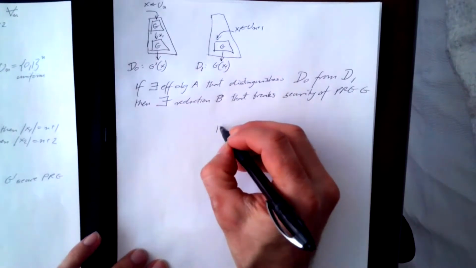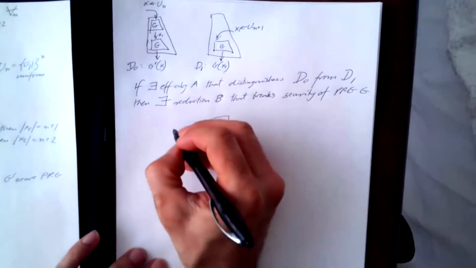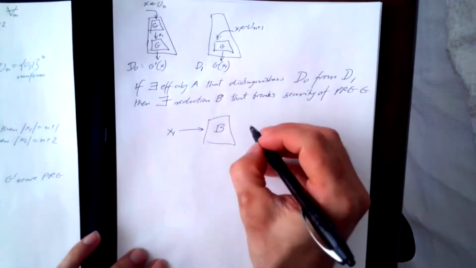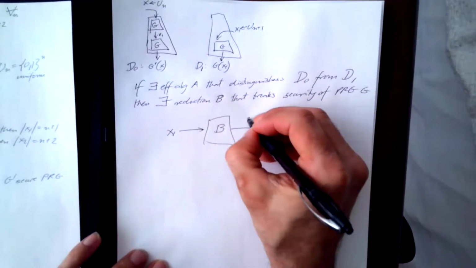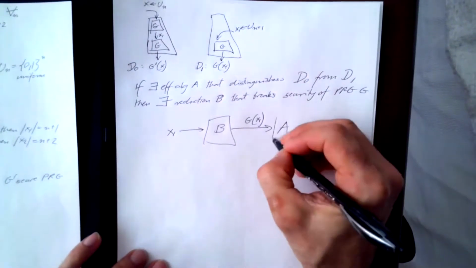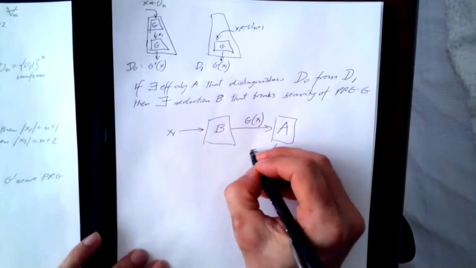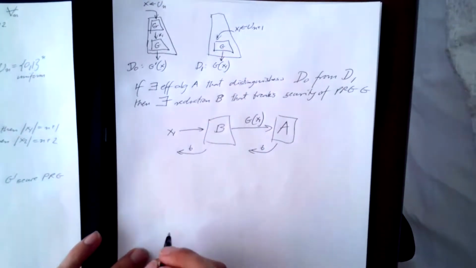Let's see why. So B gets a string, let's call it X1, and it gives to the attacker G of X1. The attacker outputs some bit. The reduction just passes this bit along.